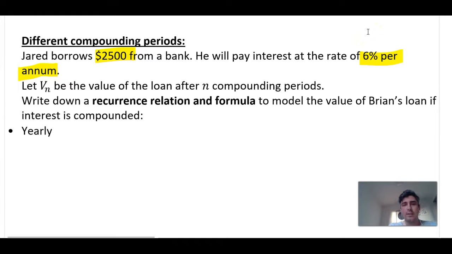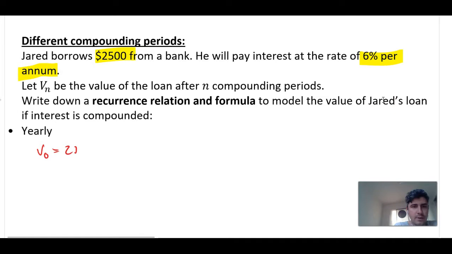So this example wants us to write down a recurrence relation and a formula to model the value of Jared's loan. So V0 is 2,500. Vn+1 equals Vn times the multiplier bracket, 1 plus or minus r over 100.